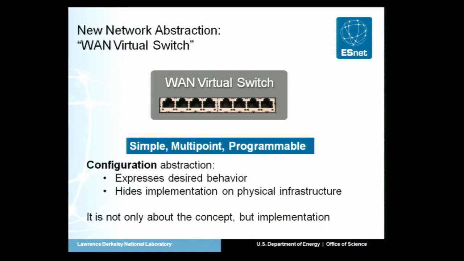It's not just a concept; we have an implementation that we demonstrated at Supercomputing last week. So let me explain this abstraction a little bit more, and then go into the demonstration and the implementation aspects of this.